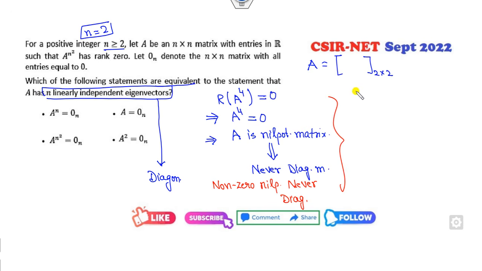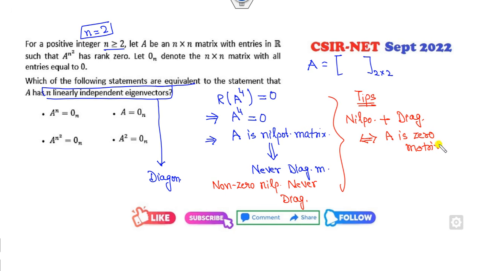Now always remember, as I told you in my previous videos, if you have a nilpotent matrix plus a diagonal matrix, it holds if and only if A is the zero matrix.